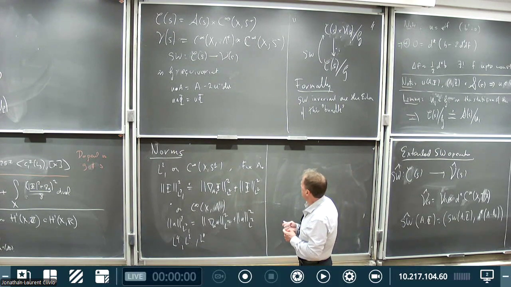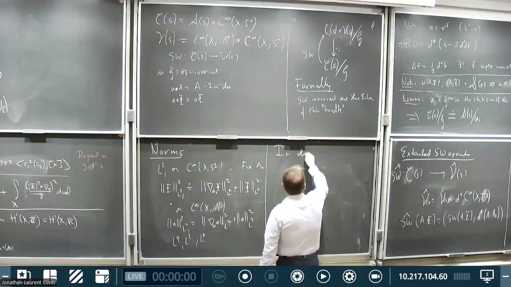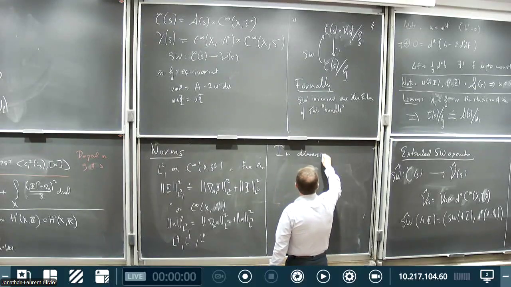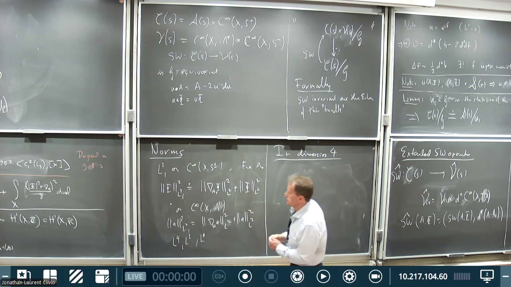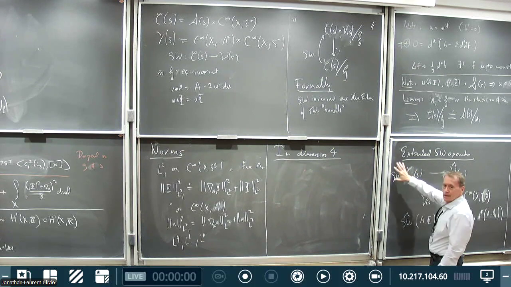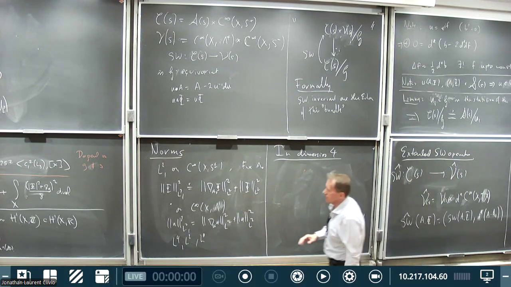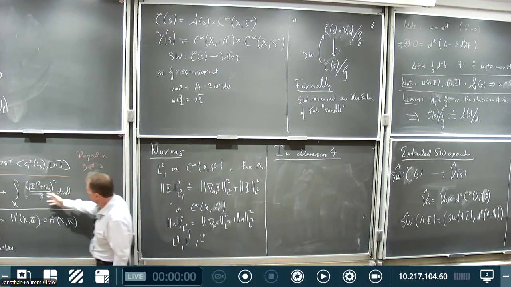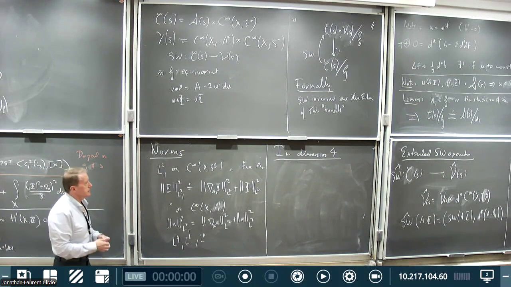Okay. Now, we need a couple of crucial facts in dimension 4. Where are we going? We're headed towards proving that this is a proper map. And we're going to use the energy identity.